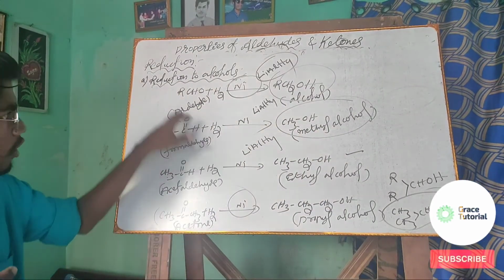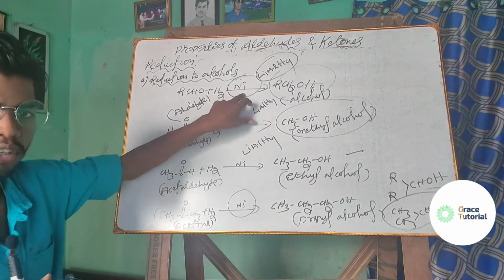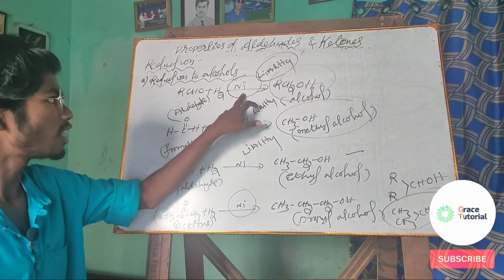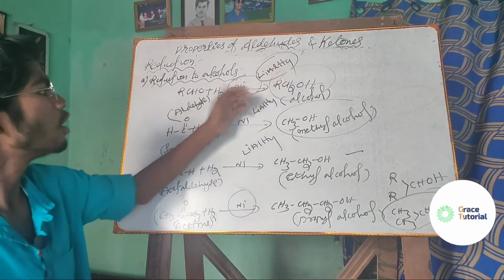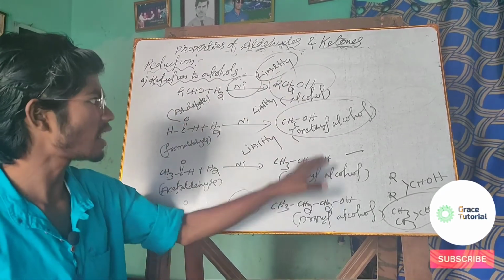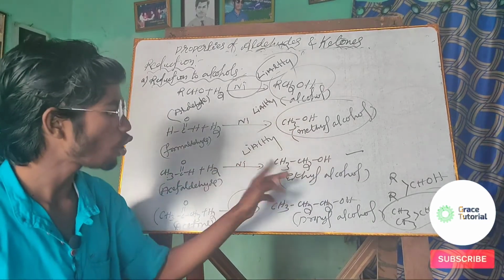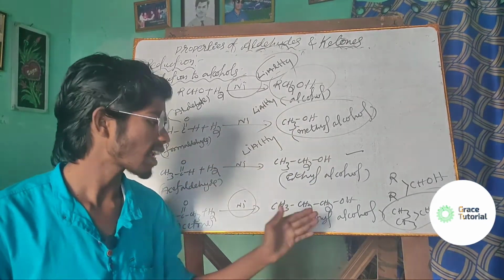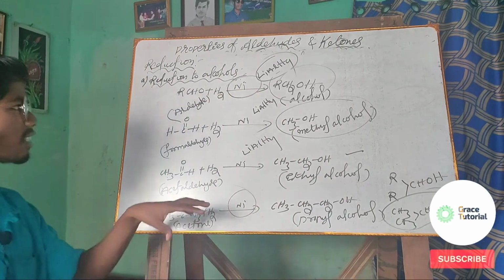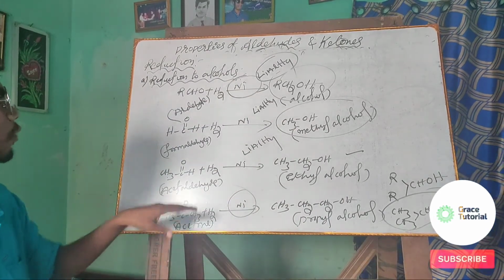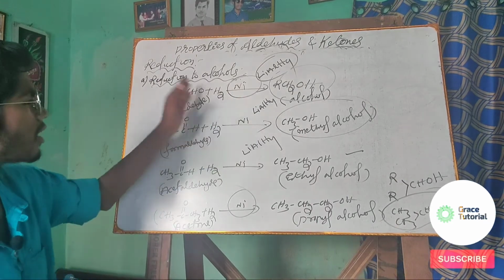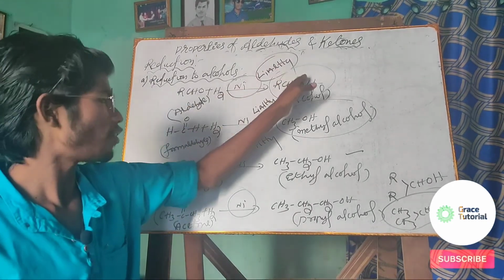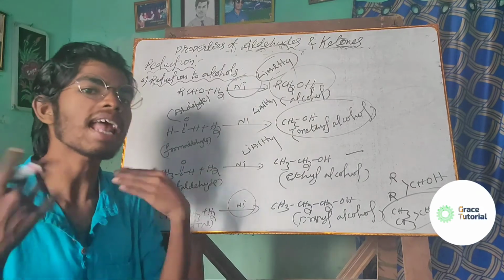So the reduction with nickel catalyst and with lithium aluminum hydride give the same products, that is alcohols only: methyl alcohol, ethyl alcohol, or the secondary or propyl alcohol. This is what is obtained by catalytic reduction as well as reduction with complex metal hydrides.